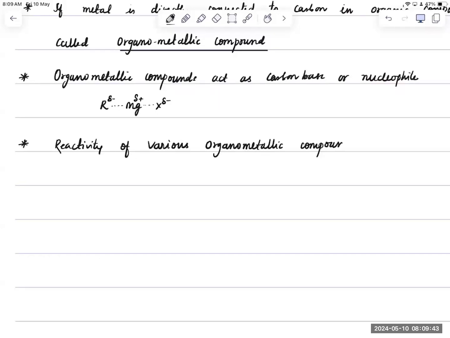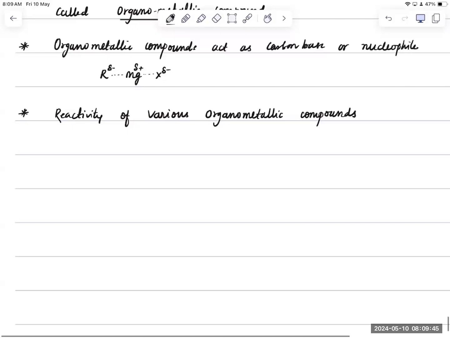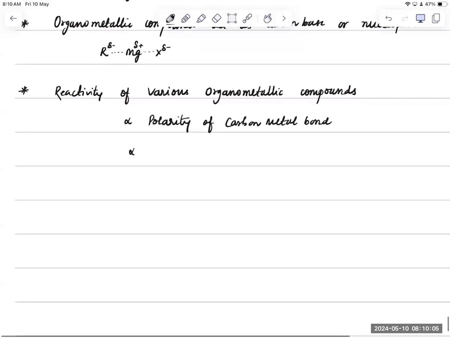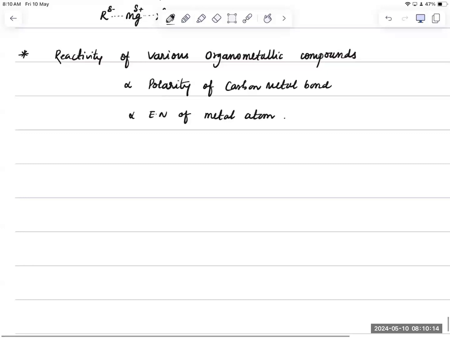If I compare the reactivity of various organometallic compounds, it is proportional, first, to the polarity of the carbon-metal bond, that is, how much carbon anion character it is getting. Second is the electronegativity of the metal atom.